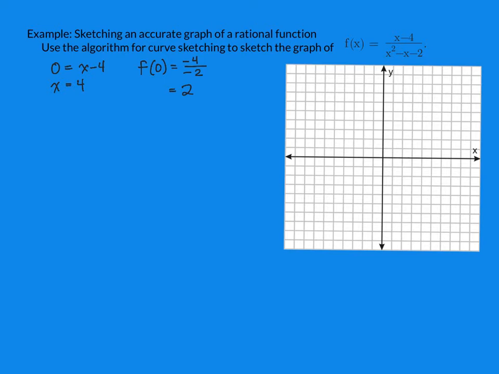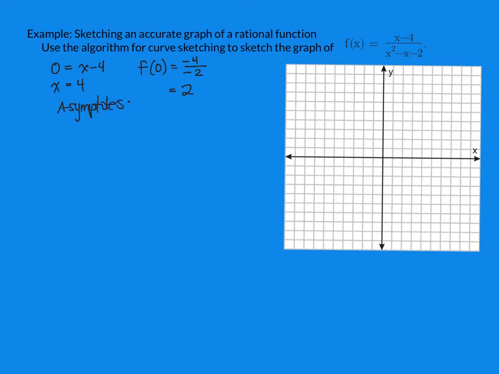I'm going to find a couple other things before I worry about coming up with a scale, because we also know that we can figure out the asymptotes from the function as well. So we know that vertical asymptotes come from the denominator because we cannot divide by 0. So we're going to consider asymptotes as well.